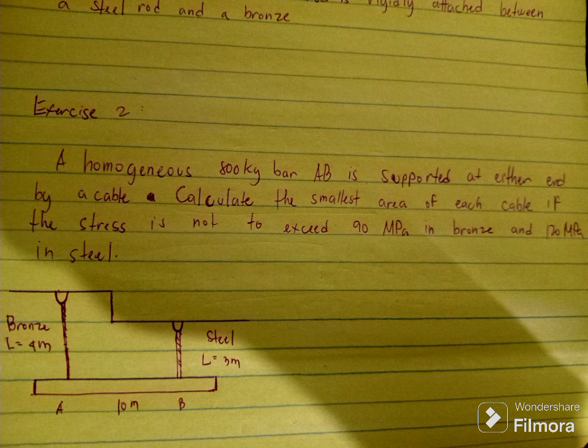As you can see in the figure, I think the figure is slightly off or wrong, because the problem indicates that the cables are at the end of the bar. So we'll just assume that the cables are at the end of the bar.